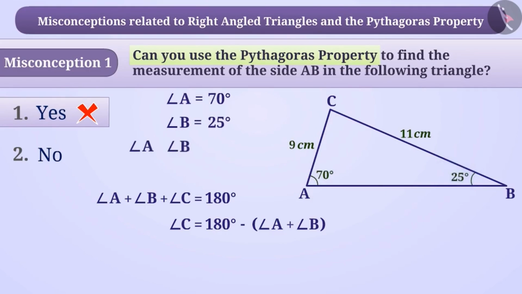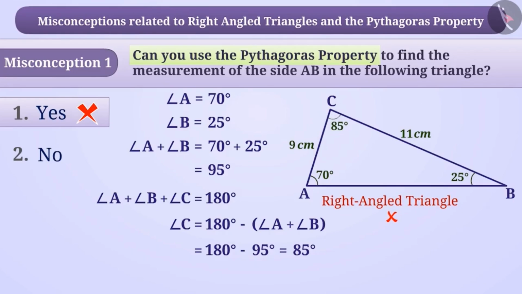Here, the sum of angle A and angle B is 70 degree plus 25 degree, which is equal to 95 degree. Therefore, the measurement of the third angle is 180 degree minus 95 degree, which is equal to 85 degree. Since none of the angles here is a right angle, the triangle shown here is not a right-angled triangle. Since this is not a right-angled triangle, we cannot use the Pythagoras property. Here the correct answer is option 2.